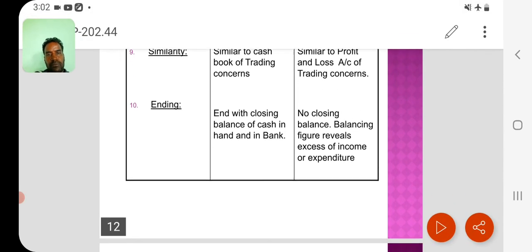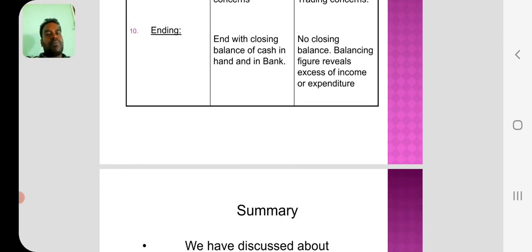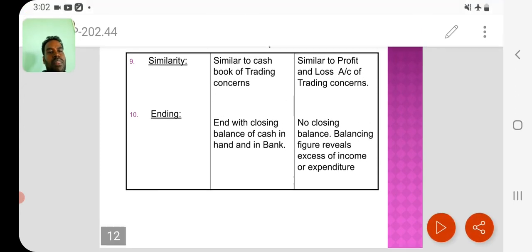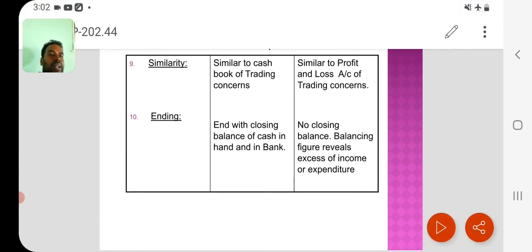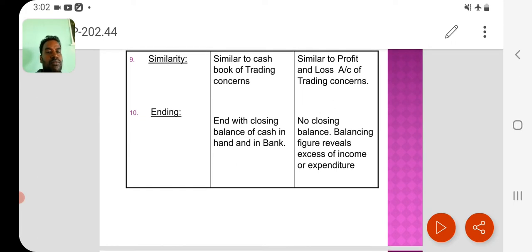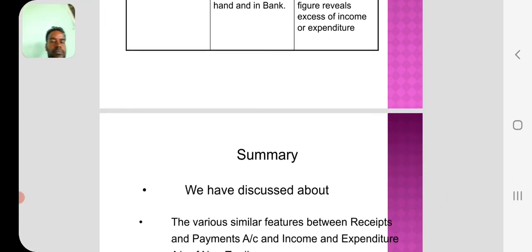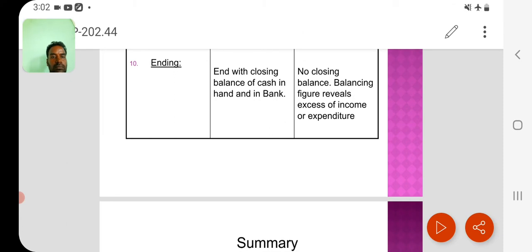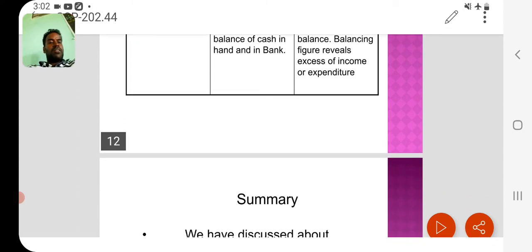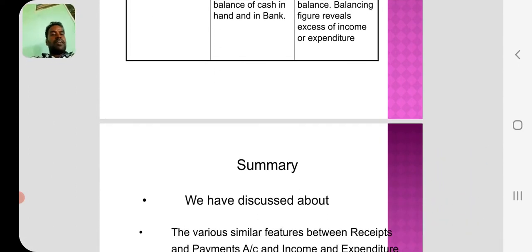Ending: receipts and payments ends with closing cash in hand and in bank. In income and expenditure there is no closing balance; the balancing figure reveals the excess of income or expenditure.